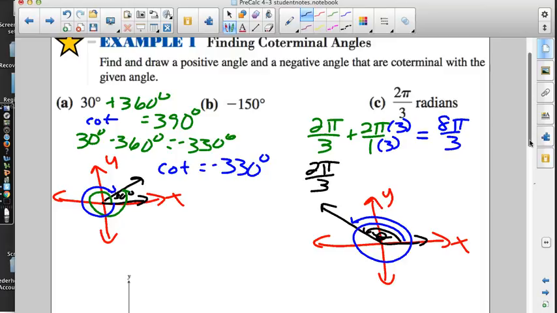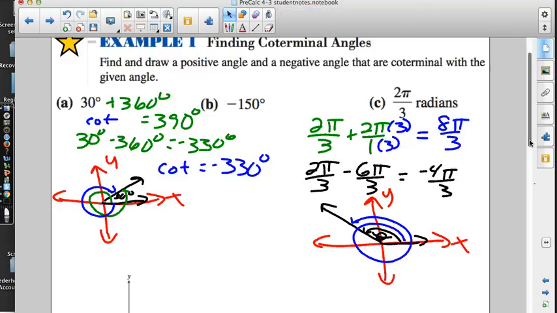All right, they also said we need a negative. What do we do to get that? So we'll subtract 6 pi over 3 and get negative 4 pi over 3. And that one will be represented by my green right there.